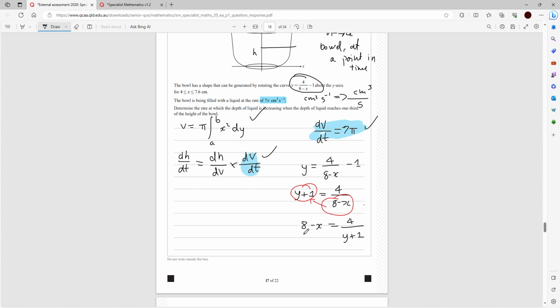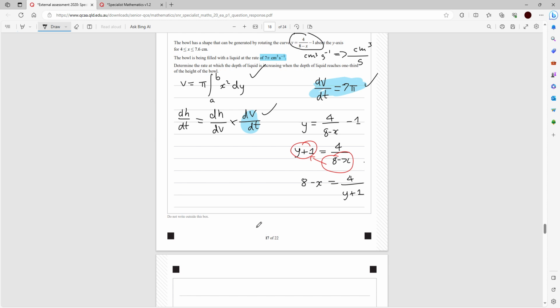Okay, so what you want to do now is move the 8 across. So you have minus x is equal to 4 on y plus 1 minus 8. Then you're going to divide by -1, so x is equal to minus 4 on y plus 1 plus 8. So if you've done that bit, you probably get a mark in the marking guide.